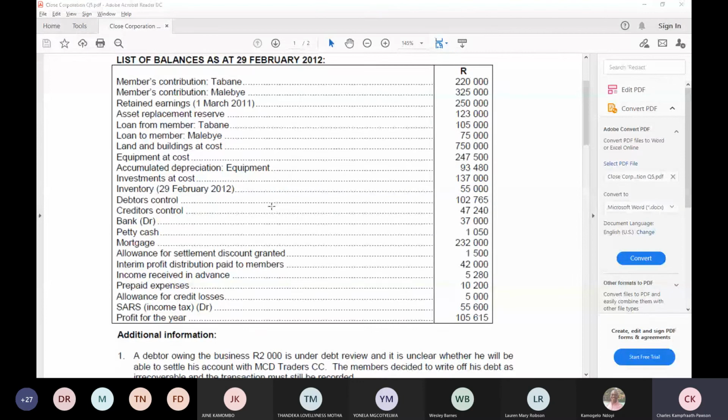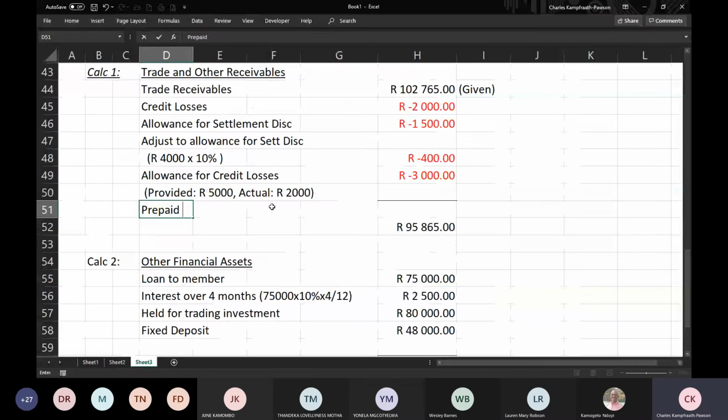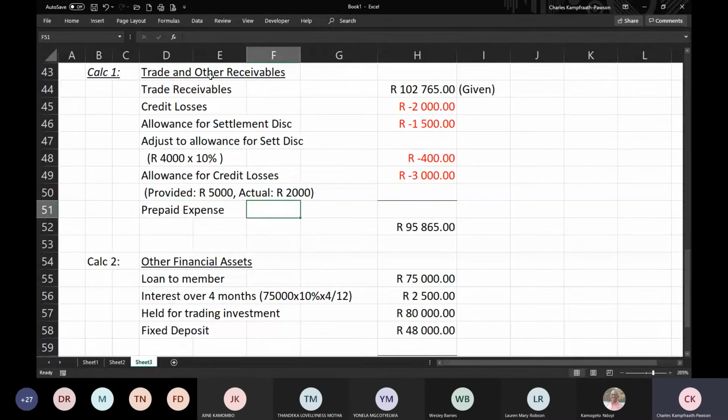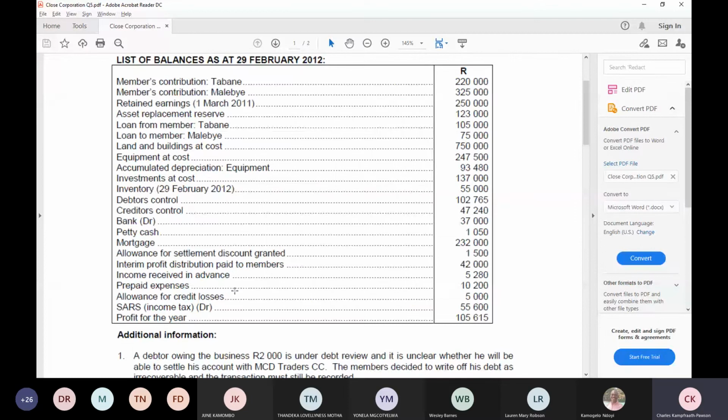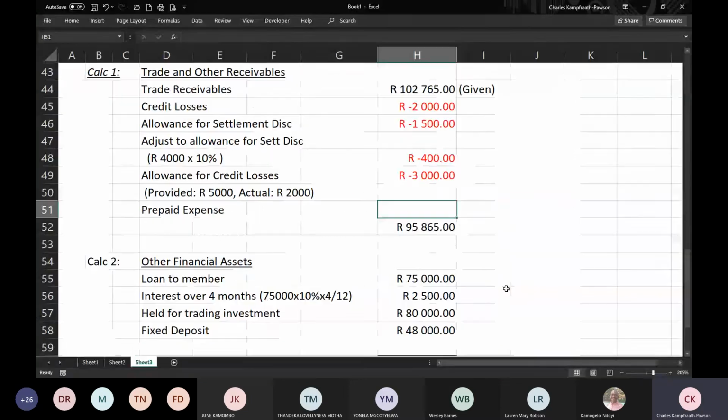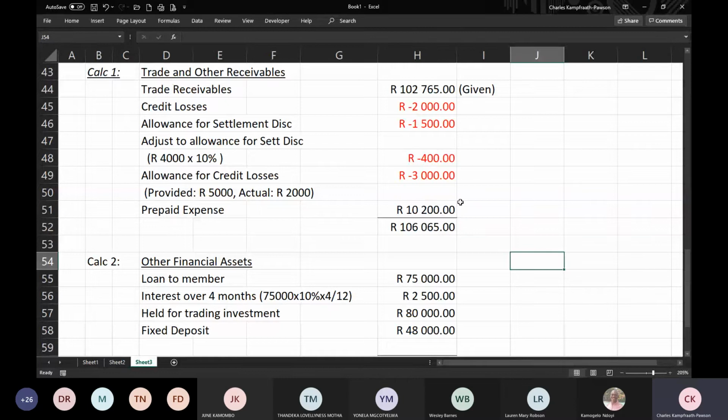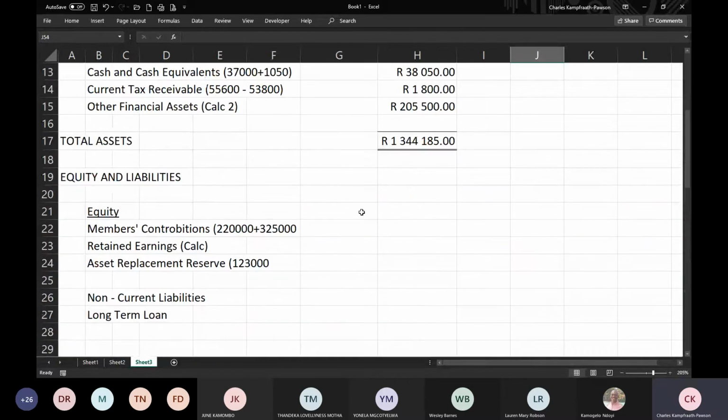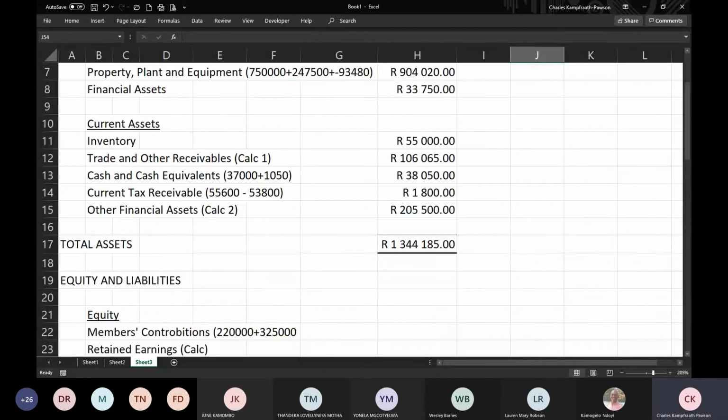Prepaid expenses can be shown separately, as I've explained in the previous class as well. But because I'm naming this section trade and other receivables, I can include it here. Prepaid expenditure, 10,200. Everybody happy?